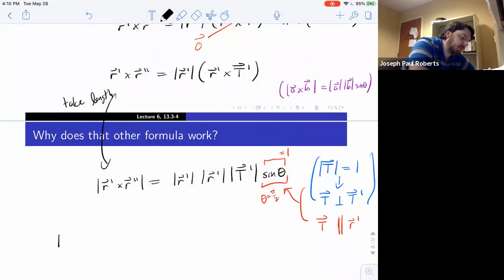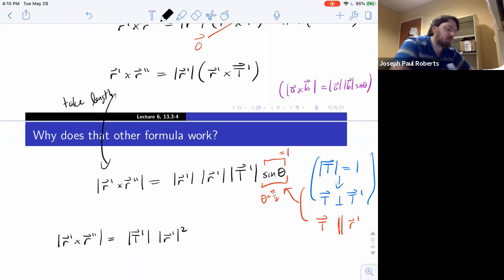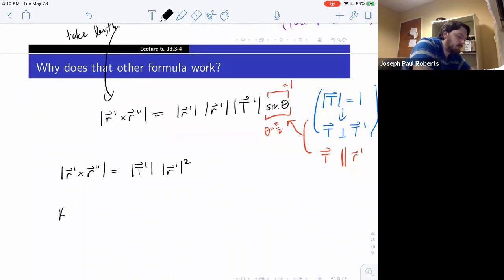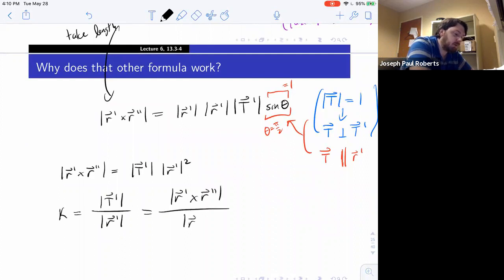So it turns out that the length of r prime cross r double prime is the length of T prime times the length of r prime squared, just using the fact that sine theta is 1, and then therefore we're done. The curvature, remember, is the length of T prime over the length of r prime. So we saw that the length of T prime is the length of r prime cross r double prime over the length of r prime squared, but then there's an additional length of r prime in the denominator, and there we go.